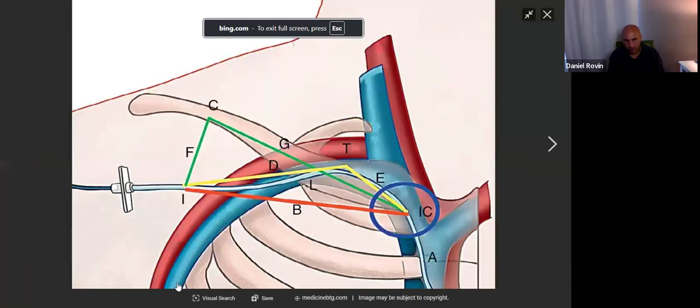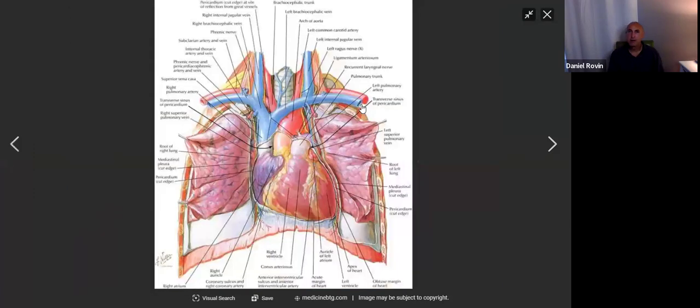Where all those veins are coming together to form the subclavian, and then it runs under the clavicle. It joins up with the internal, and then there'll be an external jugular also. Even the lymphatics are dumping into the subclavians, and then the subclavian comes down and becomes the superior vena cava. Here is the right subclavian becoming the superior vena cava. Here's the left subclavian becoming the vena cava.